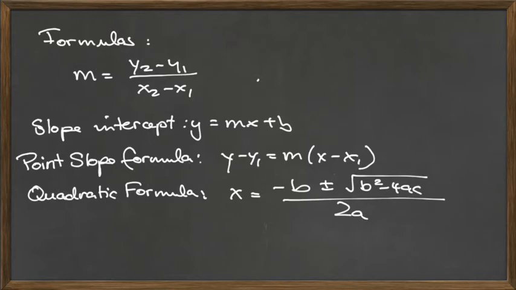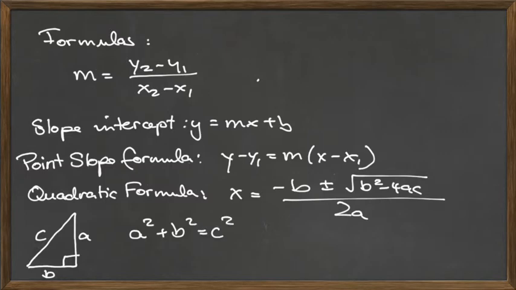Another formula would be the one of the right triangle, something you don't want to forget, the Pythagorean theorem, a, b, c, so a squared plus b squared equals c squared. And what other formulas? There's another Pythagorean.